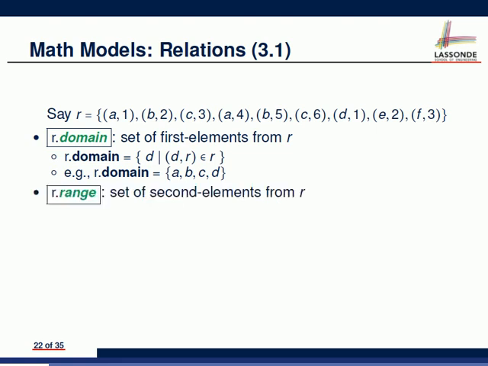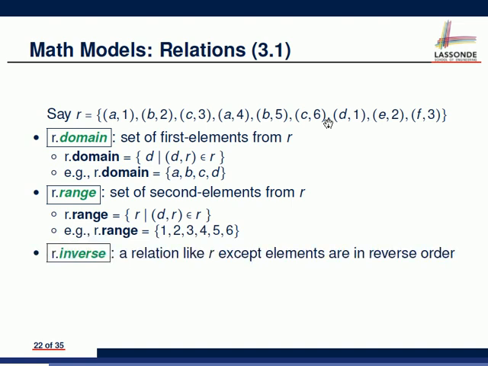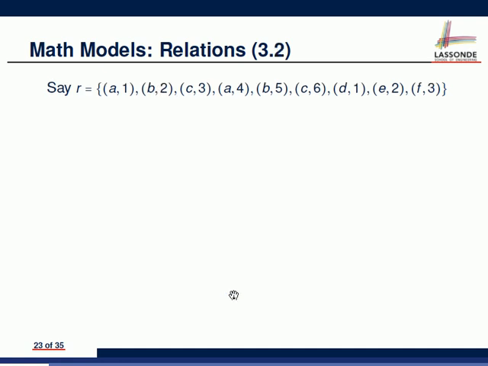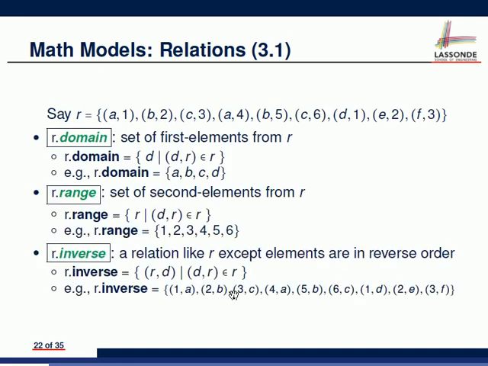And the range will be all the second elements, in which case there'll be 1, 2, 3, 4, 5, 6. Very good. What about inverse? Inverse reverses the order of the first and second element. So now rather than A1, I get 1A. Rather than B2, I get 2B. Also very easy.